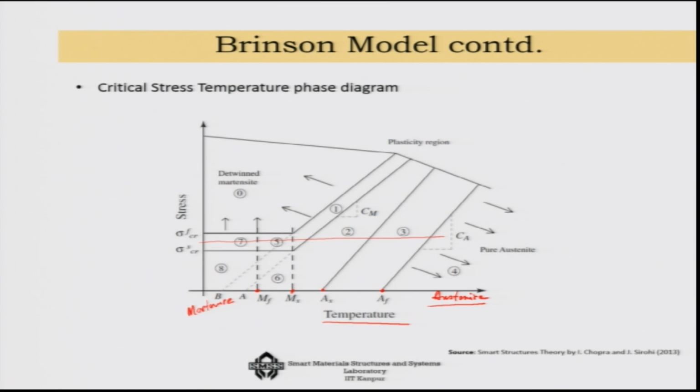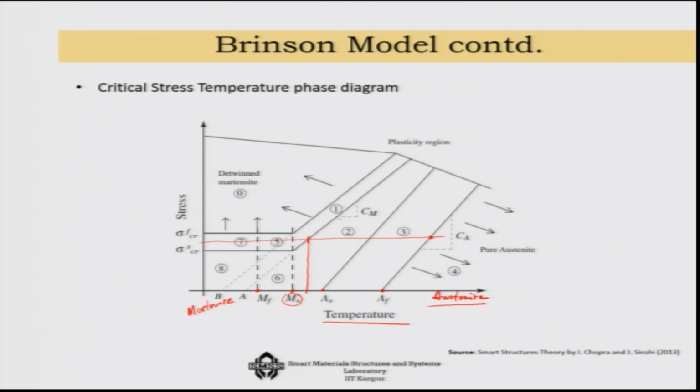So, at this stage, if I am at the austenite stage and I am cooling it, but there is some stress in the system, then much before the Martensite state at 0 stress condition, somewhere here your Martensite will start to form, and then the Martensite will be finished.